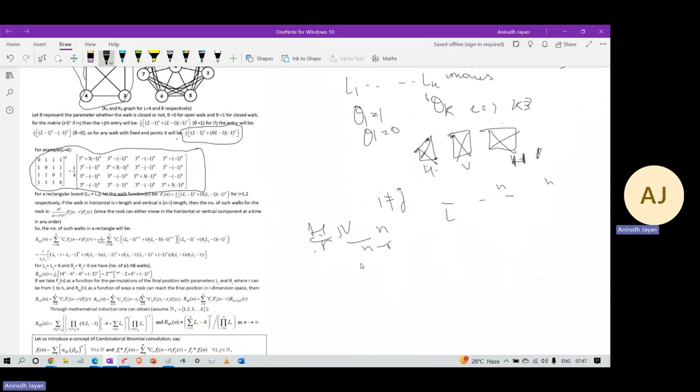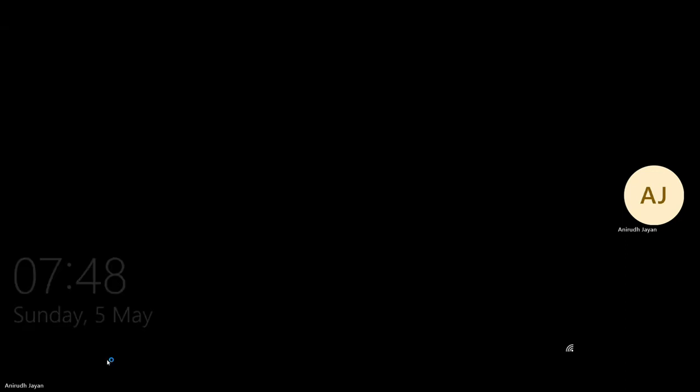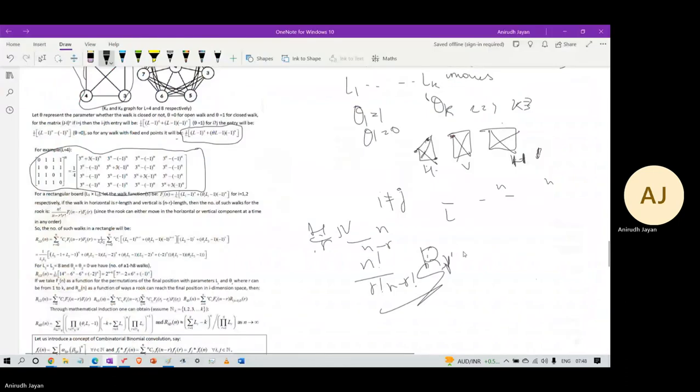So there are n factorial by R factorial, (n minus R) factorial times the number of ways to move in one component.